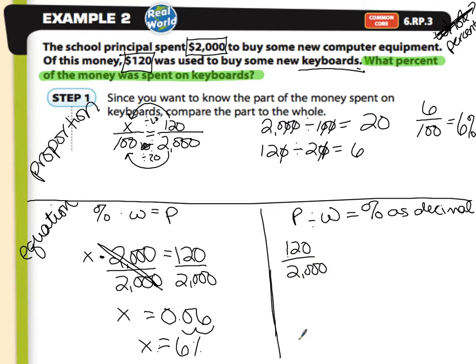I can do the division using a calculator, or I can simplify, but I can do the division and I'm going to get 0.06, which is going to give me 6%. Okay, so part divided by whole will always give me my percent as a decimal, then I have to convert it back to a percent.